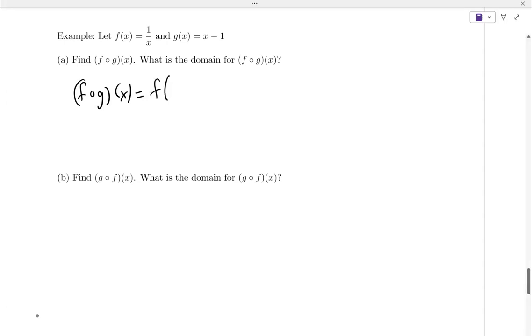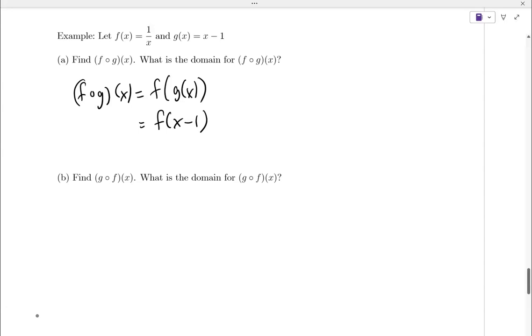Yeah, it means f of g of x, right? When you plug in an x, it first goes into g. Whatever comes out of g then goes into f, right? So in this case, g of x is on the inside. What is our g of x equal to? X minus 1. So this problem is asking you to do f of x minus 1.